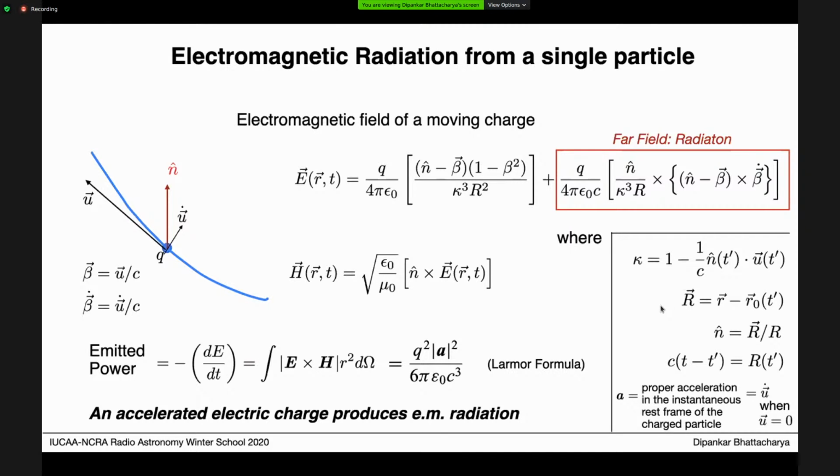But if we look at the process at the level of an individual single charged particle, then we can go to electrodynamics and then ask, what is the electric field that an arbitrarily moving charged particle can produce? And the answer is this, which is shown here.